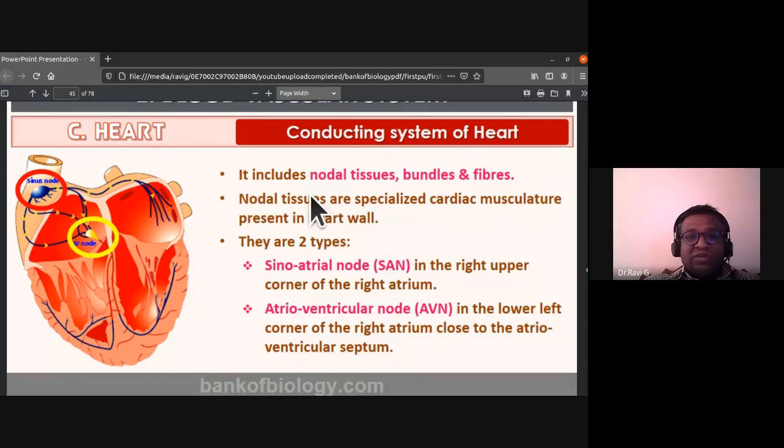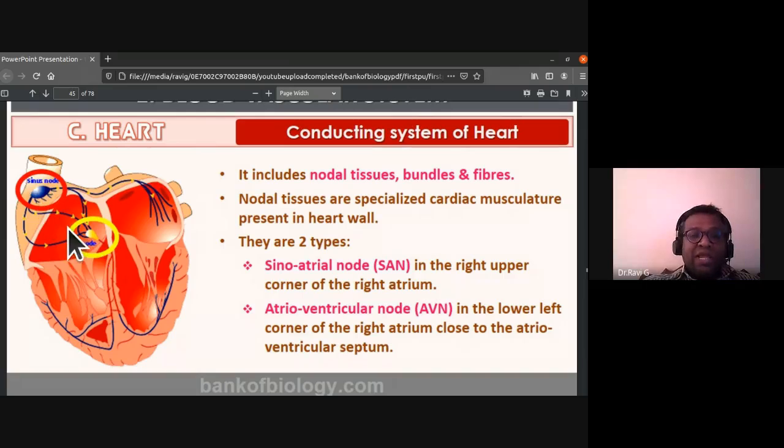The conducting system of the heart consists of nodal tissues, bundles, and fibers. Nodal tissues are specialized cardiac musculature present in the heart wall.